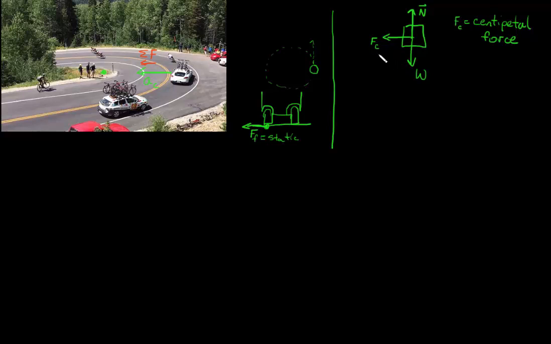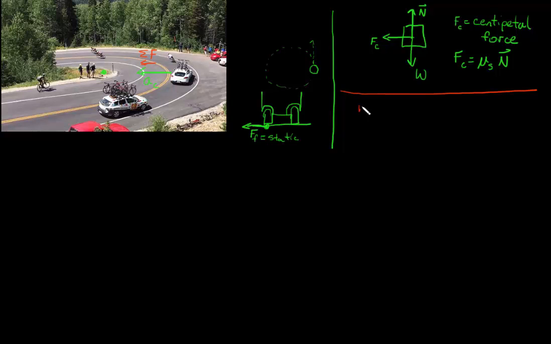And we know that this centripetal force is due to static friction, which would be the coefficient of static friction times the normal. That's our definition. So the centripetal force for this case is going to be due to static friction. Let's say we were given some quantities, like the mass of the car.